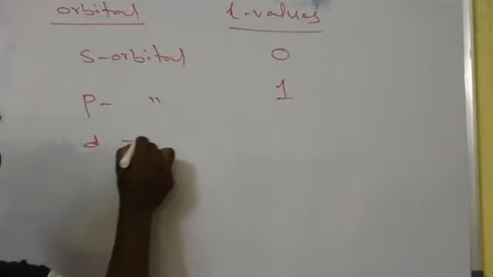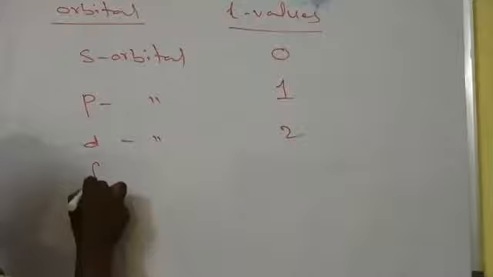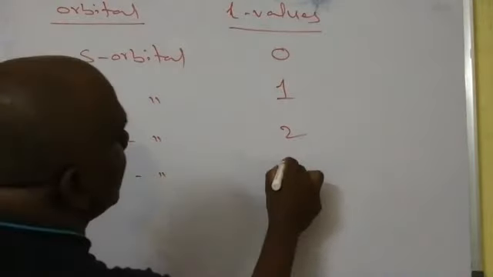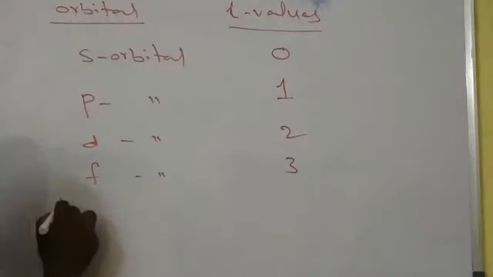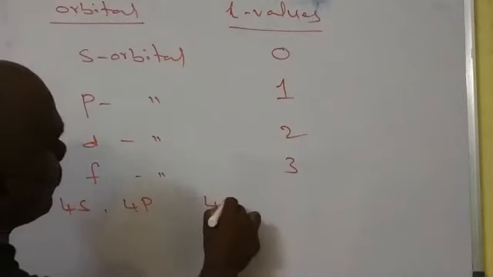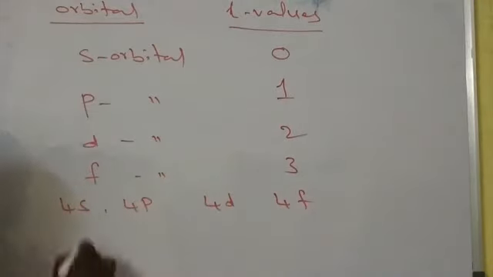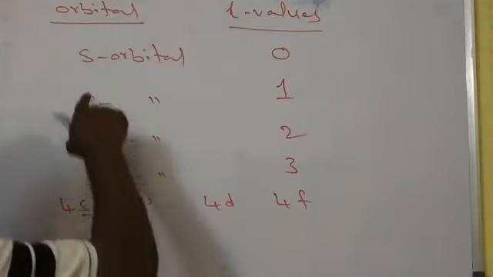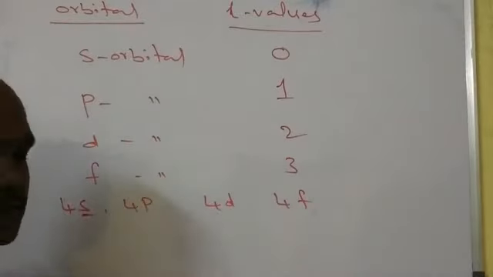For the d orbital, the L value is 2. For the f orbital, the L value is 3. Suppose 4s, 4p, 4d and 4f orbitals are there. Here, which orbital is there? The s orbital. What is the L value of the s orbital?